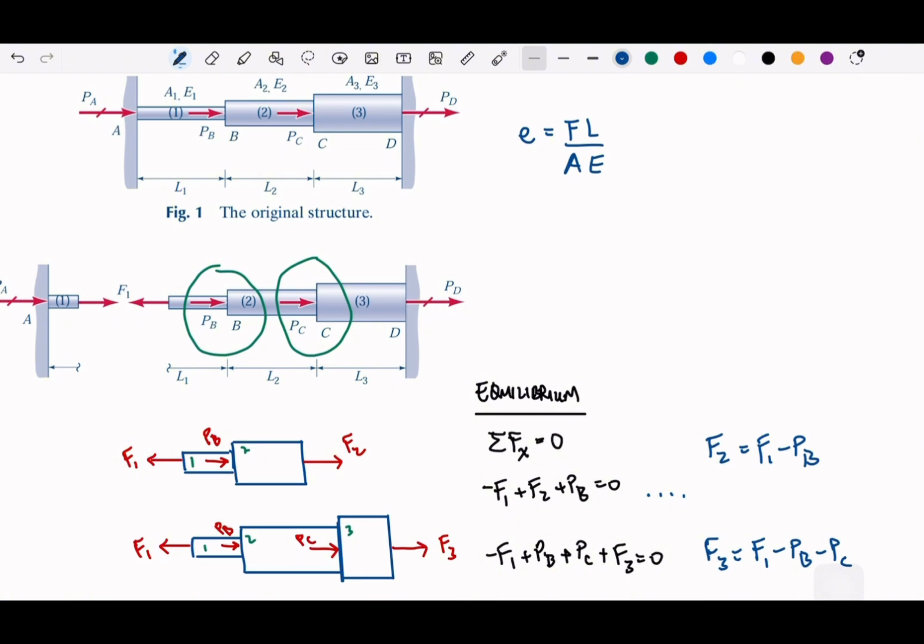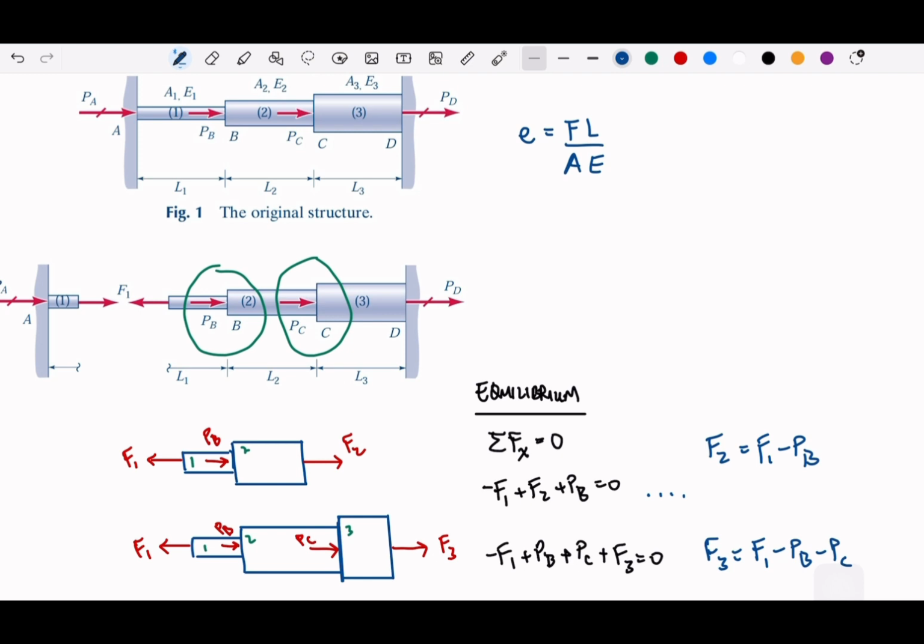The F you can take from these equations. L is usually described as L1, L2, L3. A is usually described in the picture, maybe they have different diameters. And E usually tells whether they are using the same E or not. And that's it.